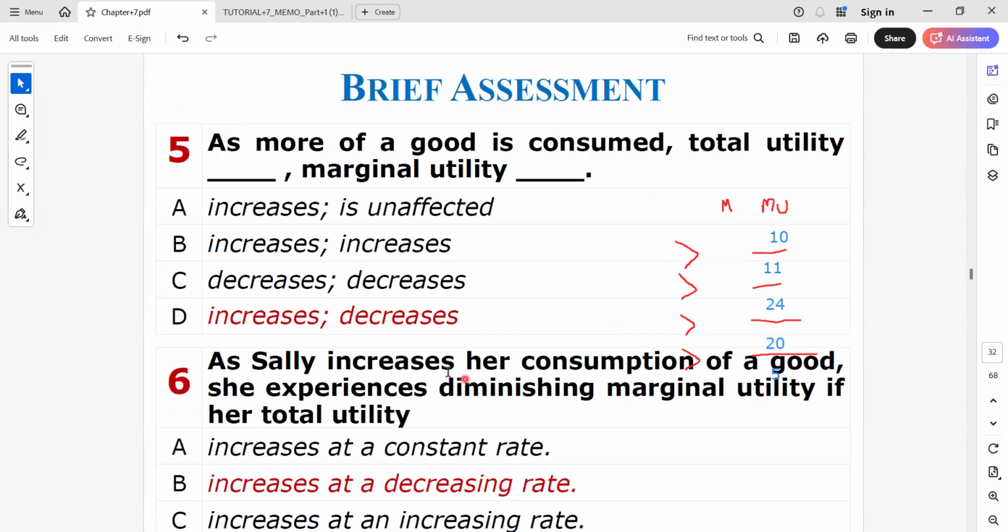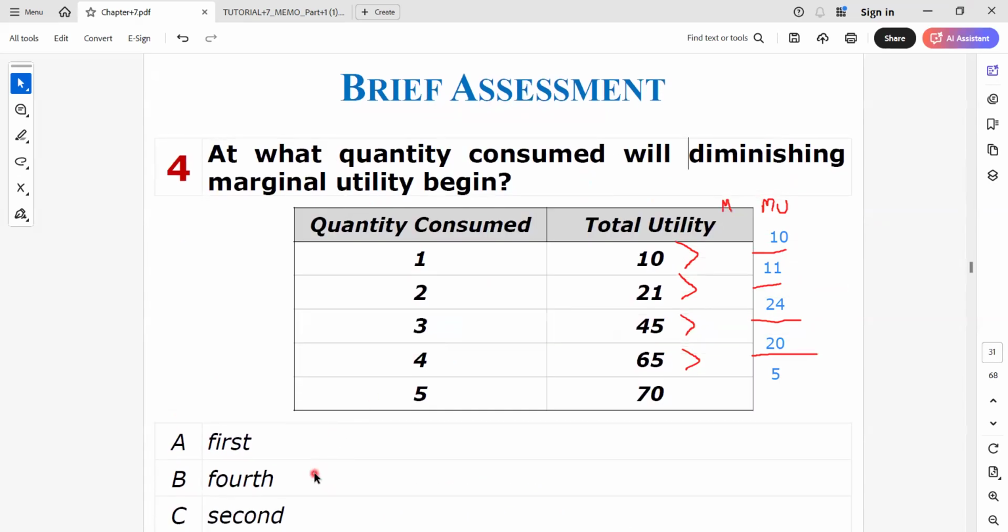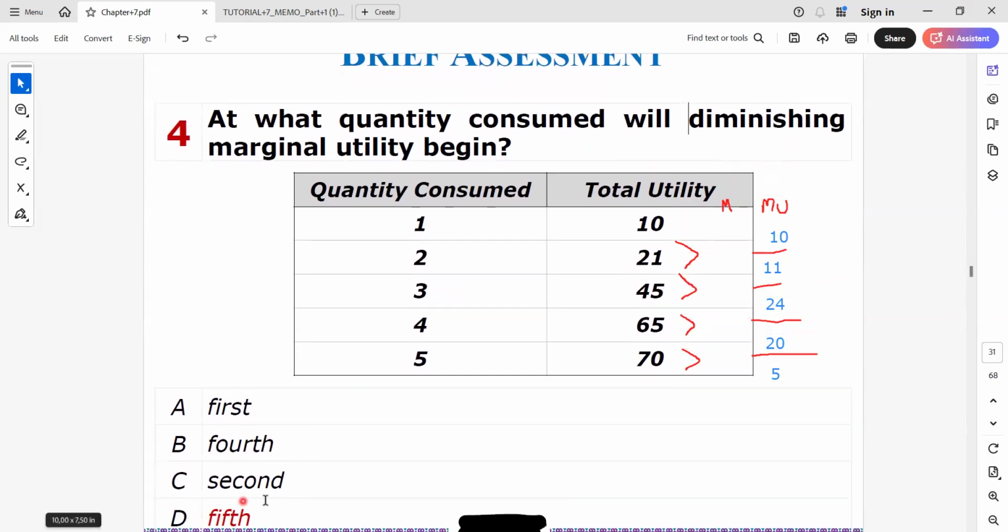I'm just confused because they said here the fifth. The answer highlighted is the fifth. Diminishing marginal utility: as you're consuming more, the additional satisfaction starts to decrease. When you're consuming your fourth unit, the satisfaction starts to decrease, because 65 minus 48 is actually 20.